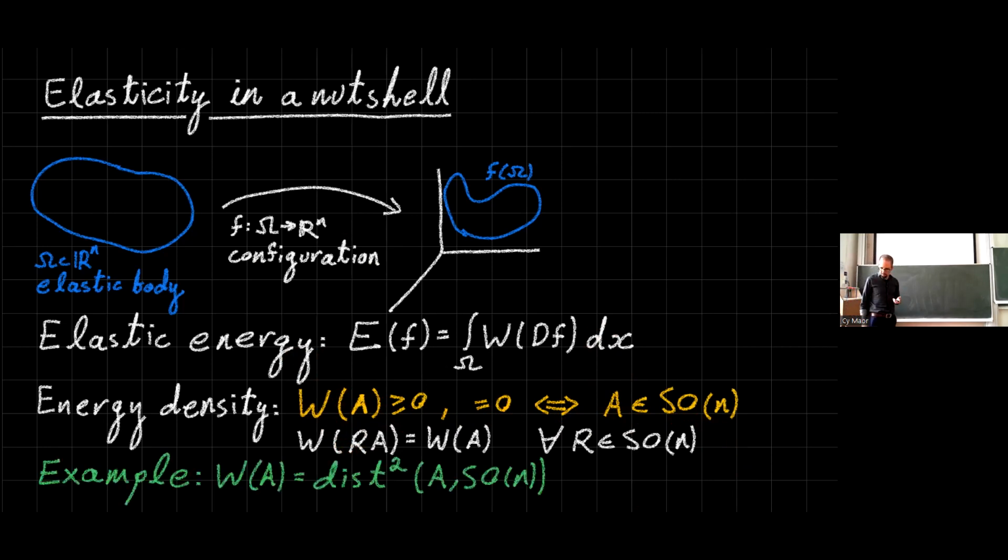For the sake of this talk, you can just think that most of the results will work in much larger generality, but you can think about the energy density being the distance squared from SO(n). It's not the most physical thing, but to a leading order, it's the right thing to look at.